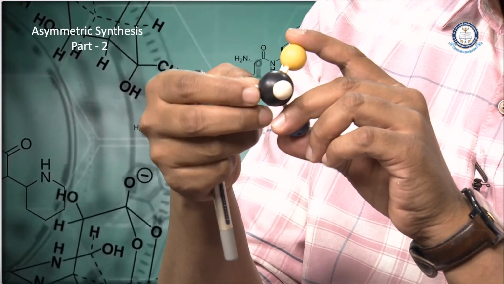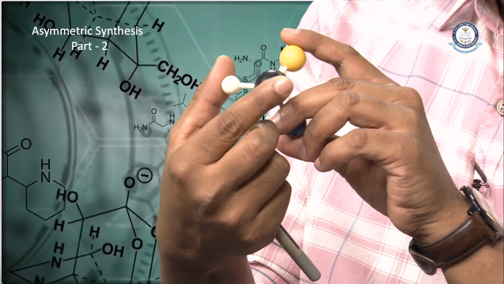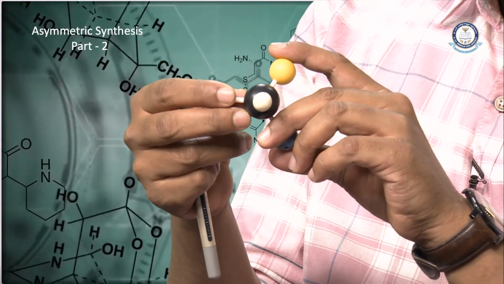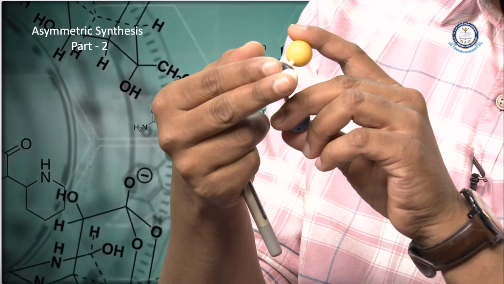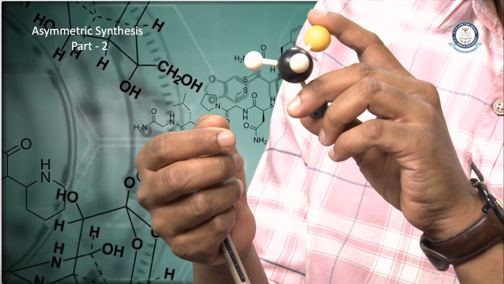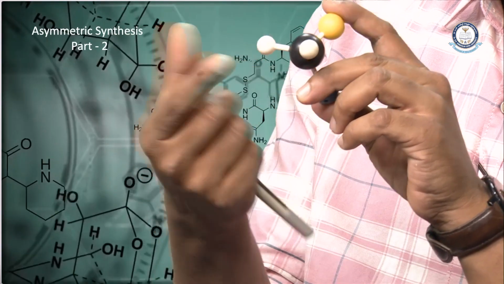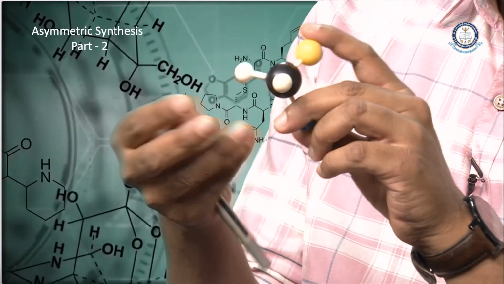Now, in order to decide whether it is pro-R or pro-S, these are hydrogen atoms, right? As we know EZ nomenclature and the CIP rules, the Cahn-Ingold-Prelog terminology: if you have hydrogen atoms, you can't tell whether it is R or S. Why? Because both hydrogen atoms are the same, with the same atomic number and the same atomic mass. So CIP will not work.